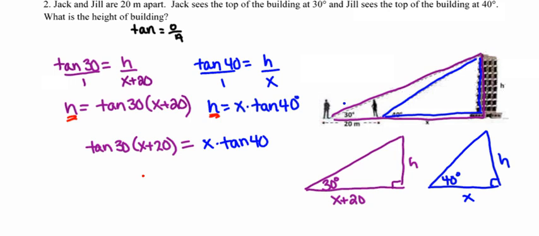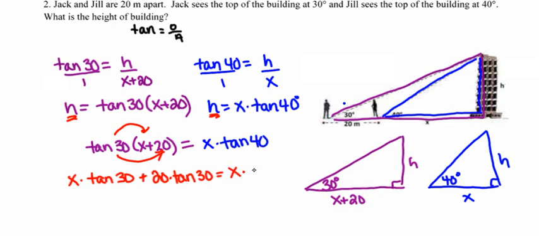On the left-hand side, that's crying out for me to distribute, so that's what I'm going to do. x times tangent of 30, plus 20 times the tangent of 30 degrees, is equal to x times tangent of 40.